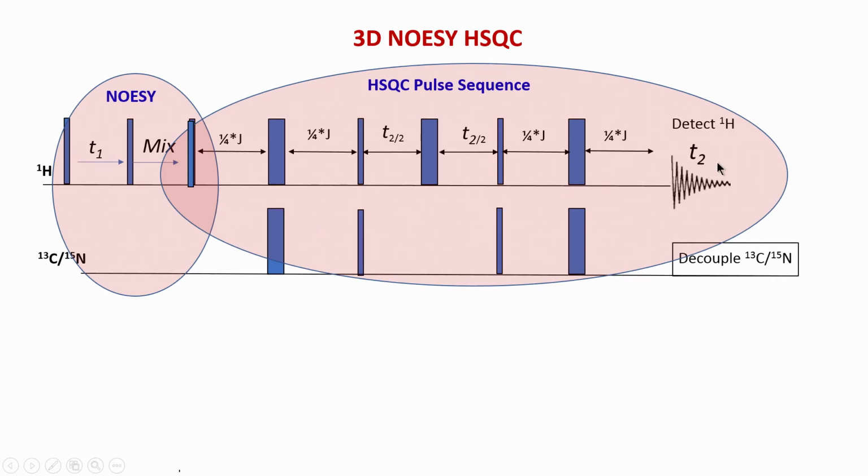So, this is actually T3. Let me correct this here, this is T3, because there are 3 dimensions in this experiment. The very first is T1, the heteronucleus evolution here is T2, and then the proton evolution, because we are detecting protons, is T3.